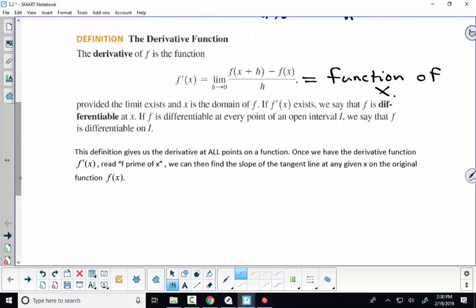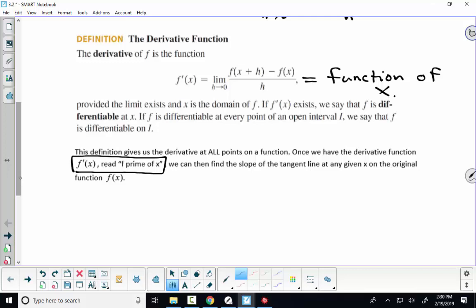The way this notation is read, this is read as f prime of x. And f prime is the derivative, is the slope of the tangent line, is the instantaneous rate of change. The reason that it's a prime is because it's derived from, or based off of, the original function.